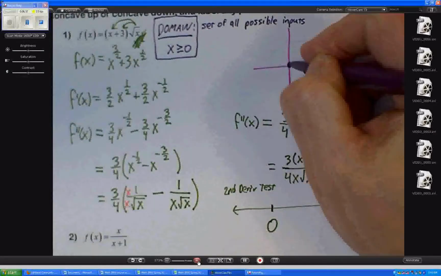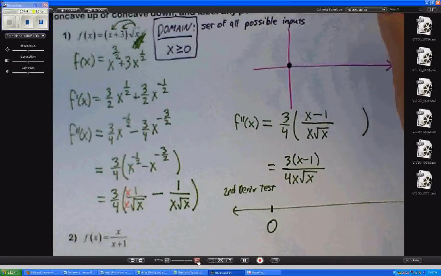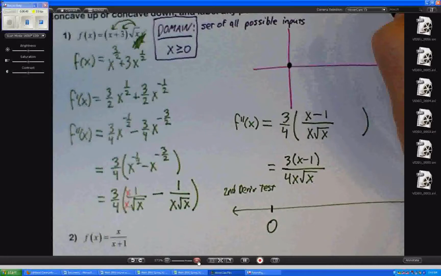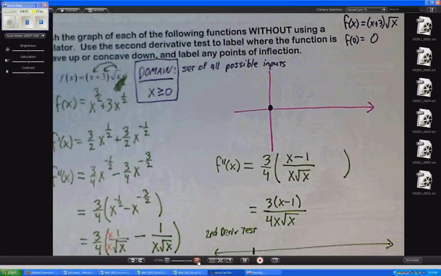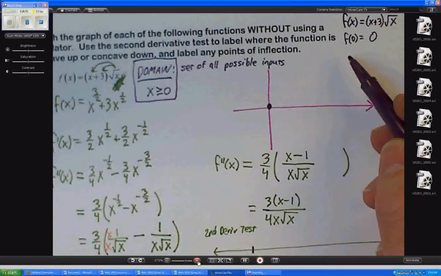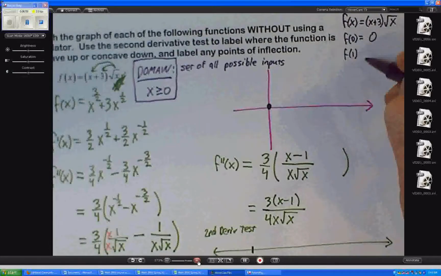Let's see. F of x was x plus 3. Yeah, because you have to multiply by the square root of x, right? So f of 0 is 0. Okay. And you told me this graph is always increasing. Let me do f of 1, just for kicks.